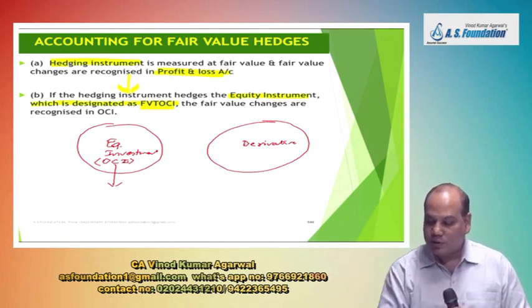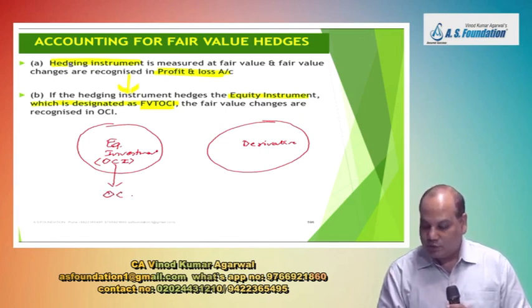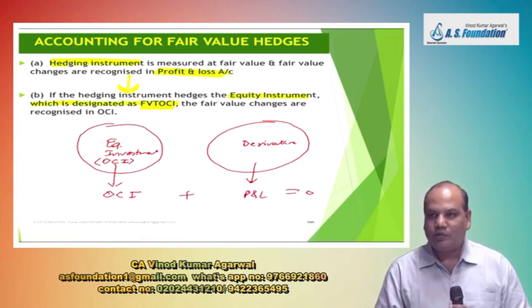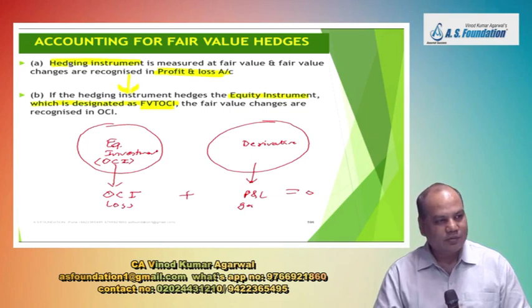But the problem will arise when the equity instrument is OCI. Change in fair value will go to OCI. Change in fair value of the derivative, P&L account. Effectively, if I take the total of the two, it is negligible, because if it is an effective hedging instrument and there is a loss here, there should be a gain here.